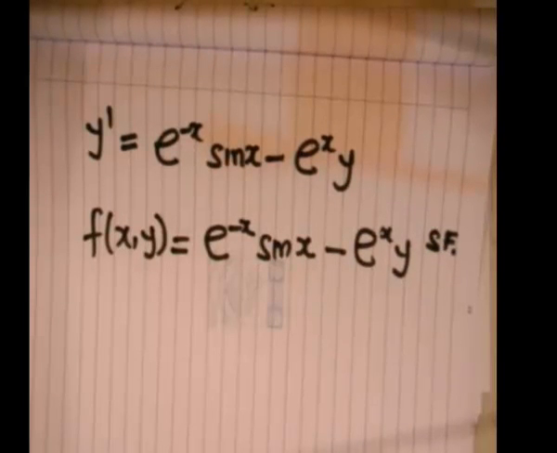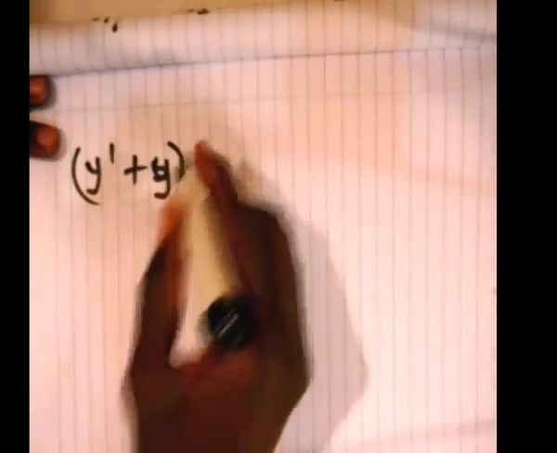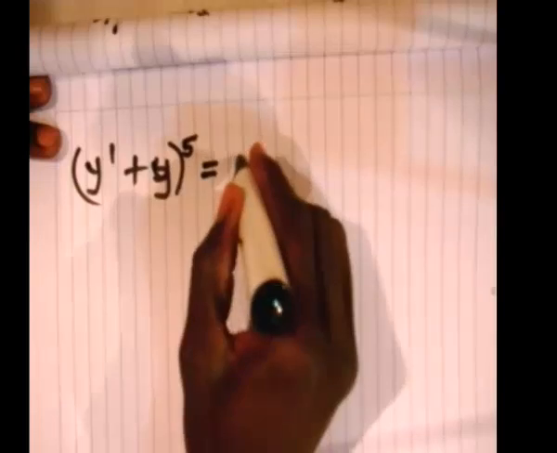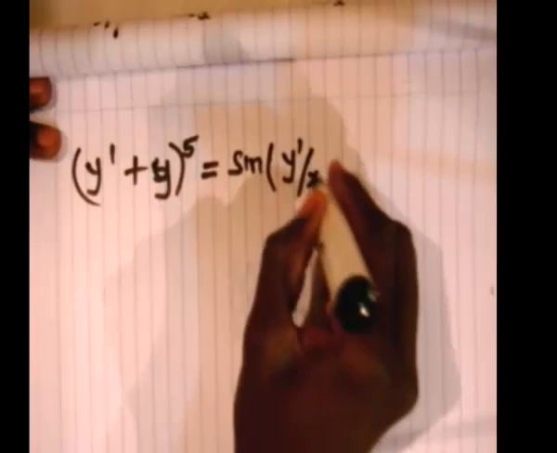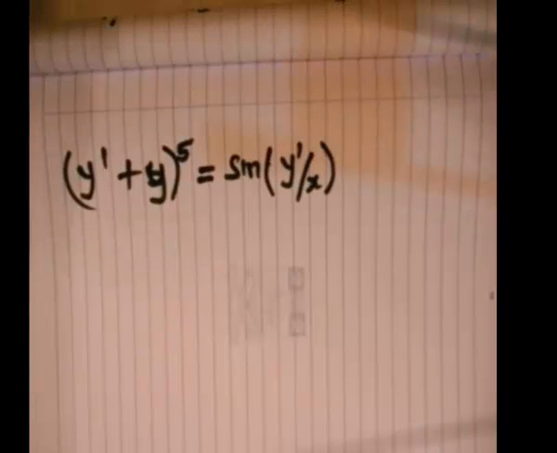Let's check another example. Write the differential equation (y' plus y) to the power 5 equals sin(y') on x in standard form. To write in standard form, we are just to do one thing: make y' the subject. y' is the same thing as dy/dx, so make y' the subject.